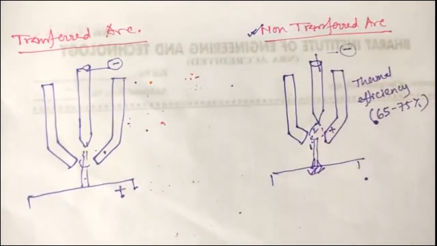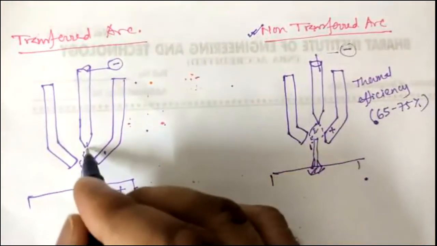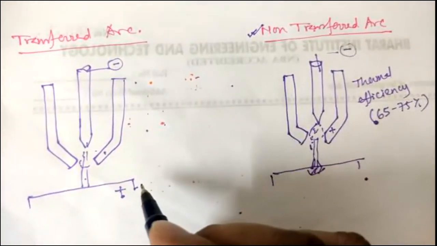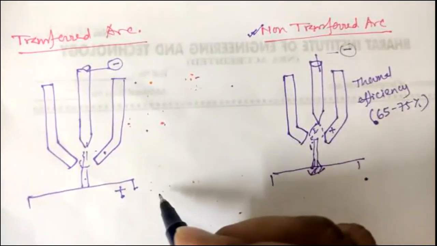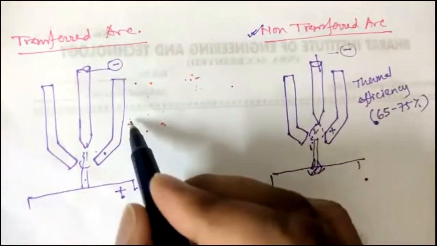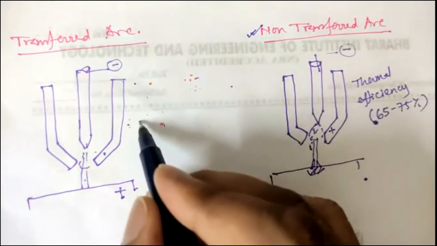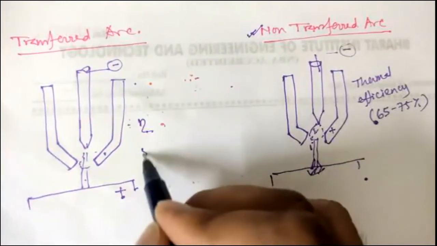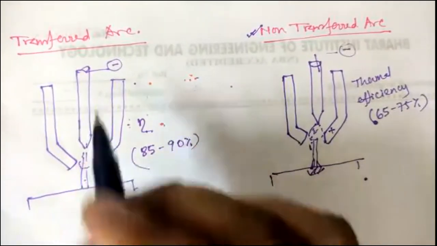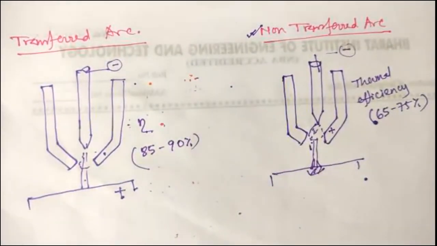And the arc heats a coaxial flowing gas, and it will maintain the plasma state. And the thermal efficiency, you can say electrothermal efficiency, eta, is somewhere between 85 to 90% in case of transferred arc mode.